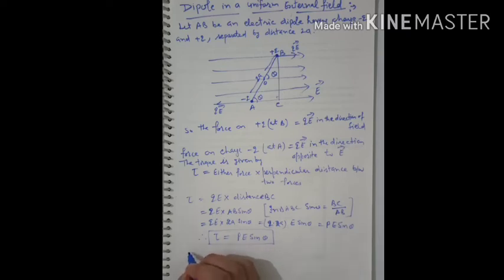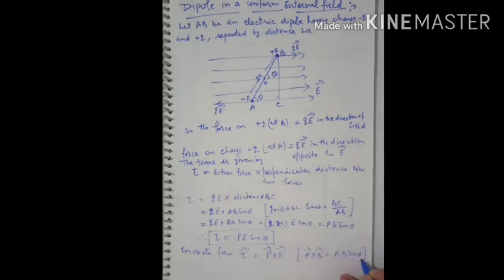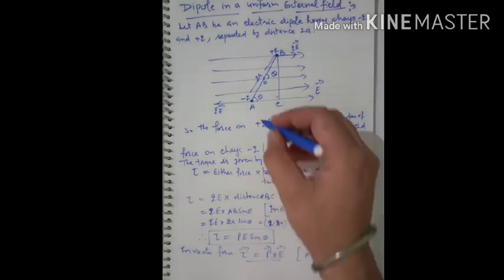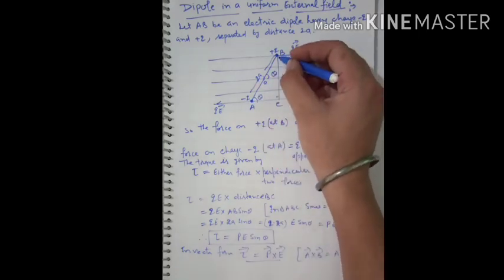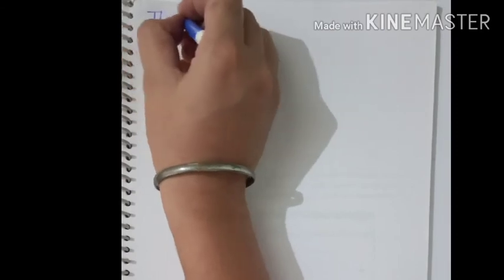In vector form, tau vector is p vector cross E vector. This is the cross product, because we know that A cross B is equal to AB sine theta, so this is the magnitude form. We know that the direction of dipole moment is from minus q to plus q charge.